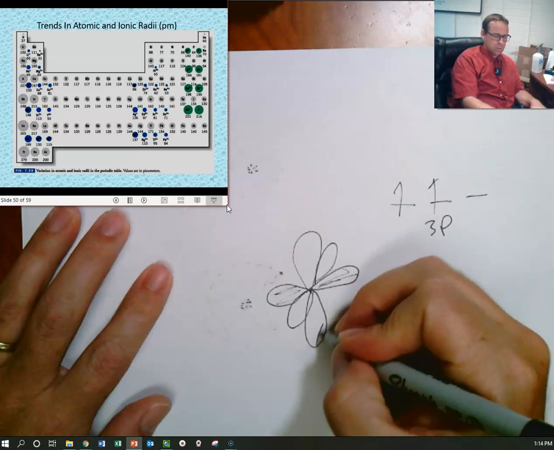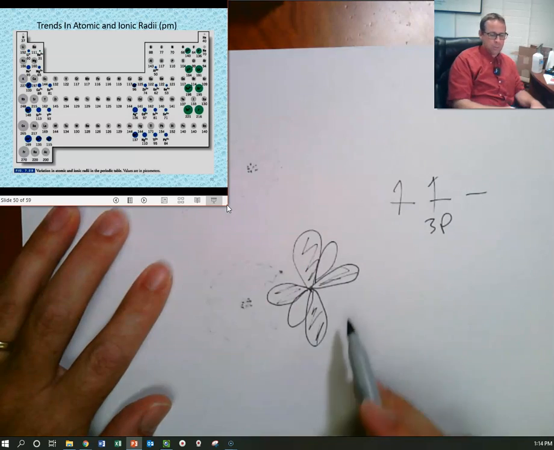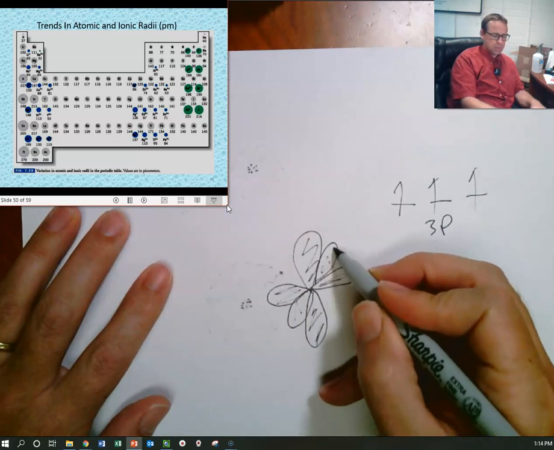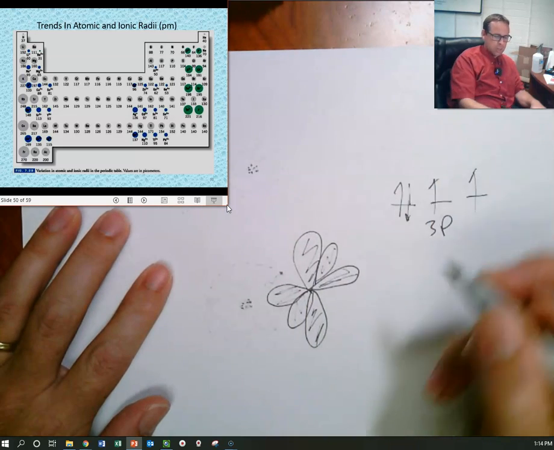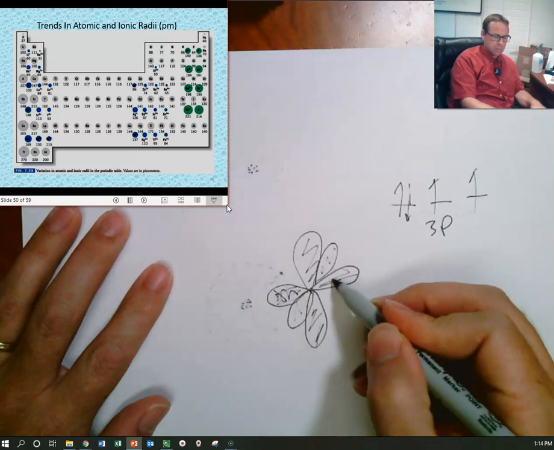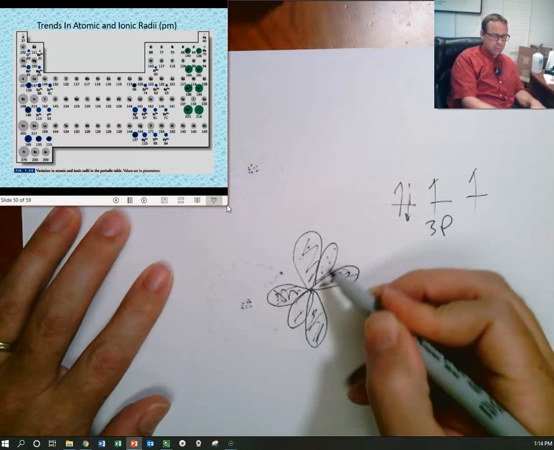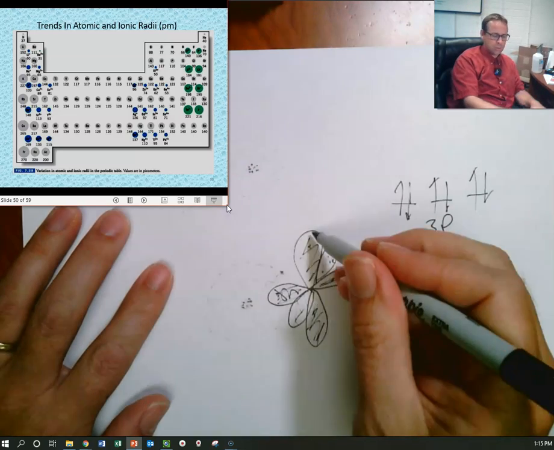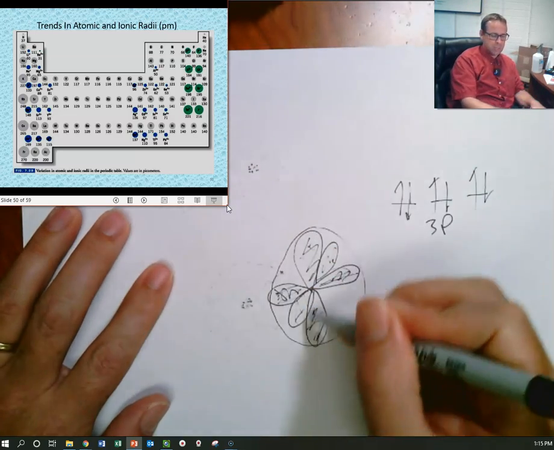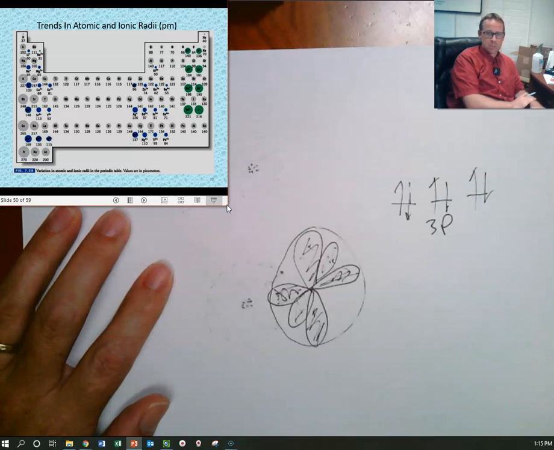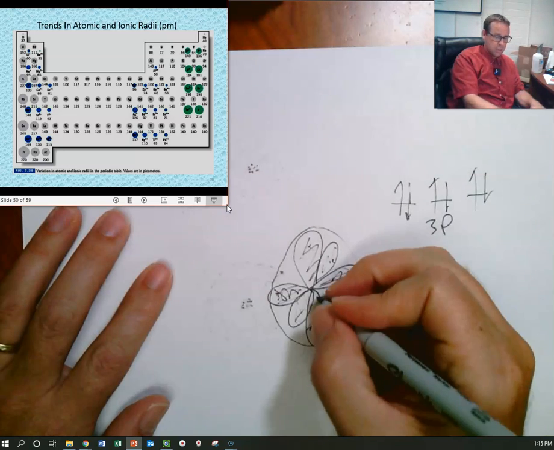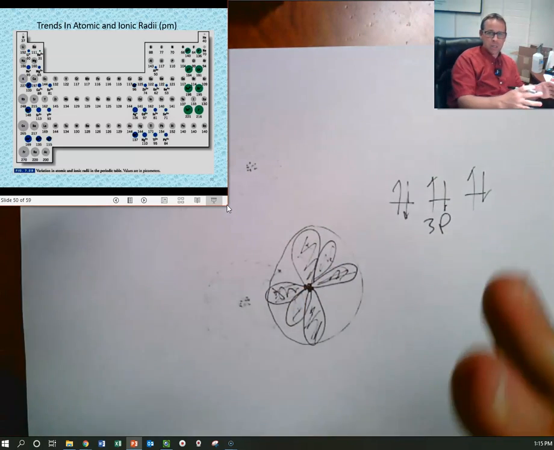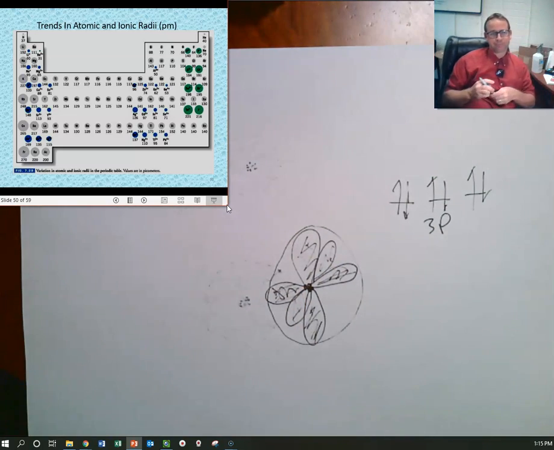Second electron goes into the 3p as well. Again, no reason that this should be any larger. Third electron goes into a 3p. Fourth electron goes in, pairs up with another one here, right? But fourth, fifth, and sixth, no reason that the size of the atom should increase because we're just going into the same subshell. In fact, the decrease occurs because every time a new proton is added, the electrons get closer and closer.